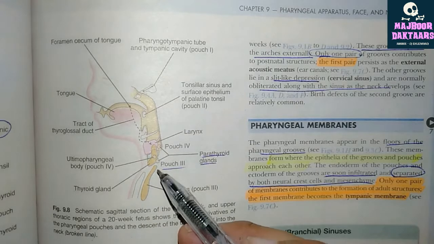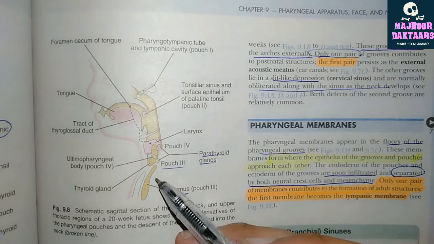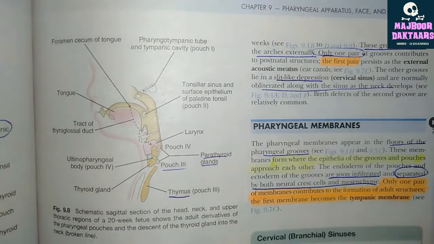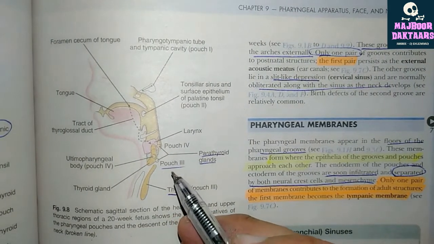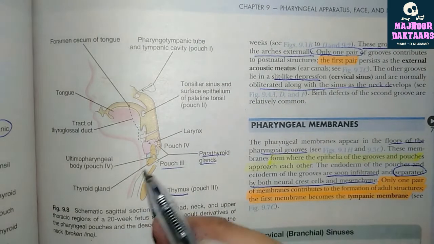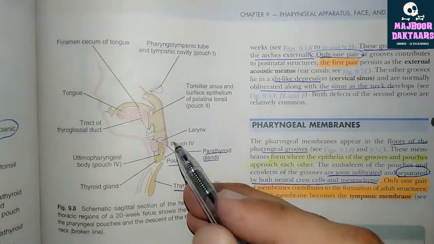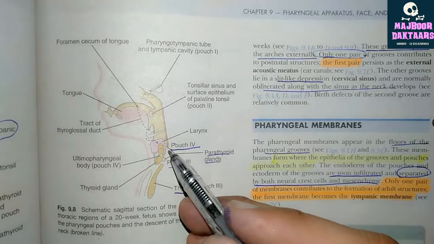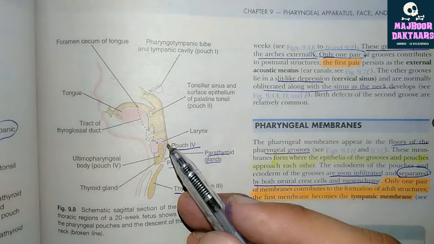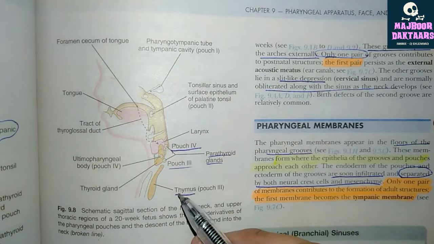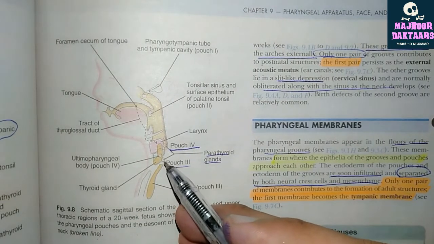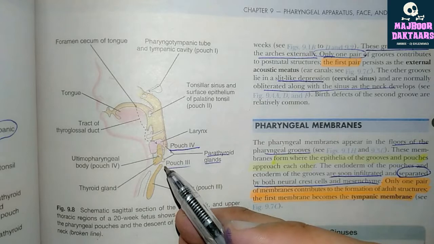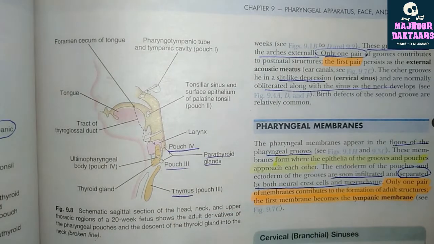Now, as we know that the thymus has a position lower in the neck, so when the third pouch gives rise to the parathyroid gland, it accompanies the thymus and gets a position lower than the fourth pouch. So the parathyroid gland produced by the fourth pouch gets a superior position, while due to the accompanying thymus, the parathyroid gland produced by the third pouch gets an inferior position, giving rise to the inferior parathyroid.